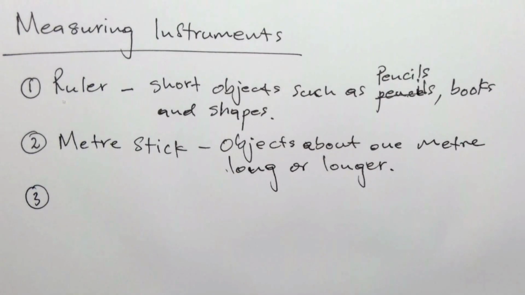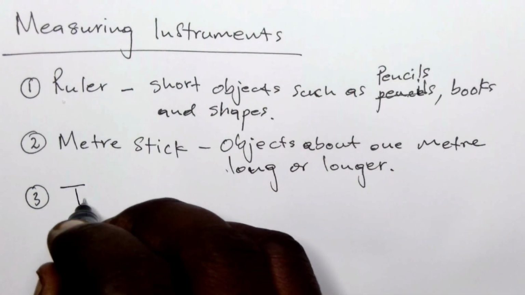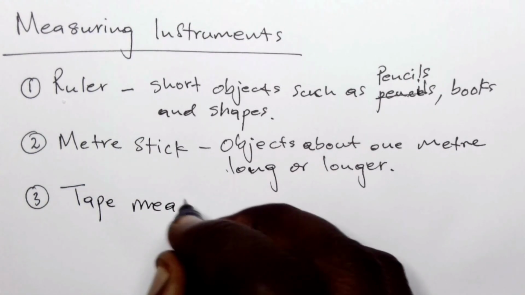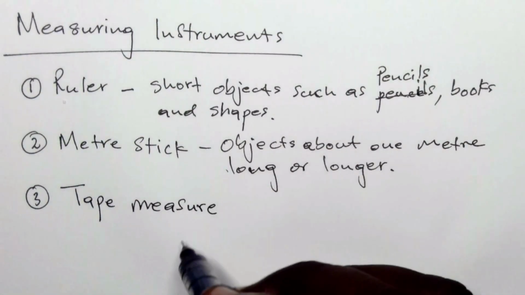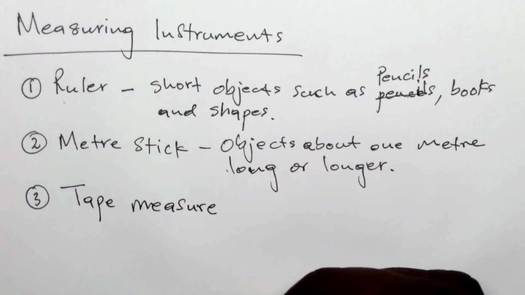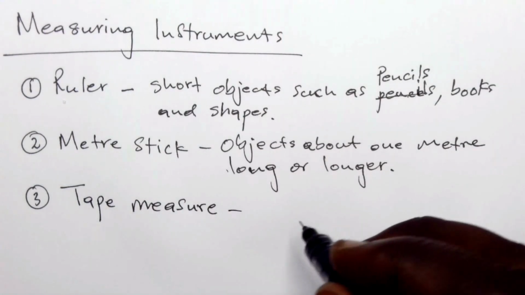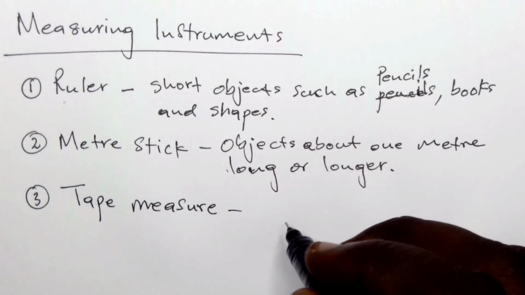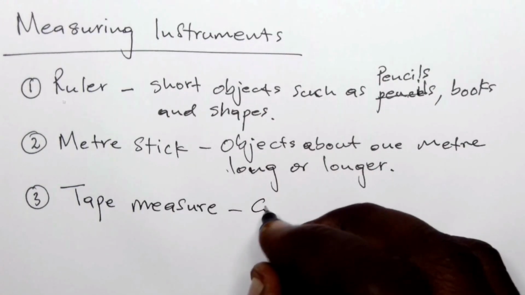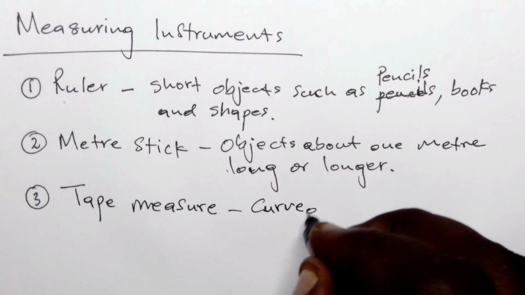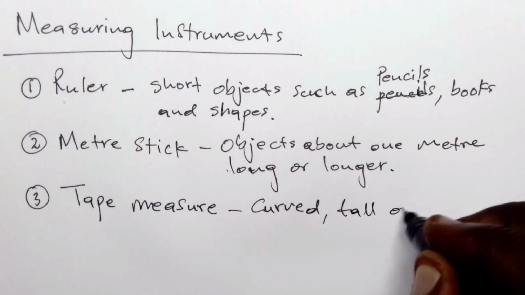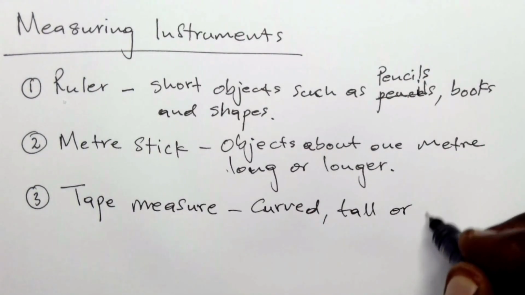The next one is tape measure. Some books will say measuring tape. Tape measure is the same thing as measuring tape. So here, when to use this one? You can use it for curved, tall, or large objects.